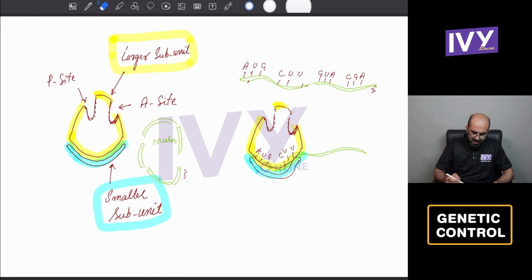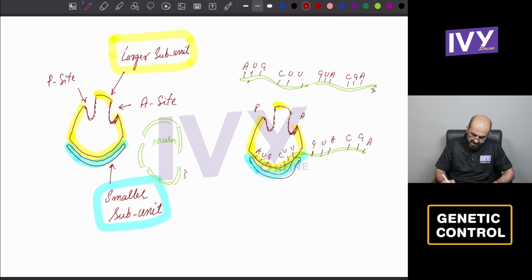Now you can see that the larger subunit has arrived on the smaller subunit, exposing its P site and its A site. The other bases here are guanine, uracil, and adenine, and here we have cytosine, guanine, and adenine. This is supposed to be the stop codon, and this is the start codon, initially to start the process of translation.